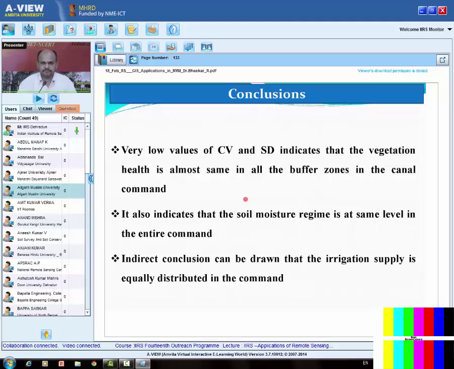But the catch here is, in northern India, the source of irrigation is canal because the rivers are perennial and in all seasons you receive water from the canal. Whereas in central India and south India, the rivers are not perennial. So the canal supply will be limited to a particular season or 2 seasons.